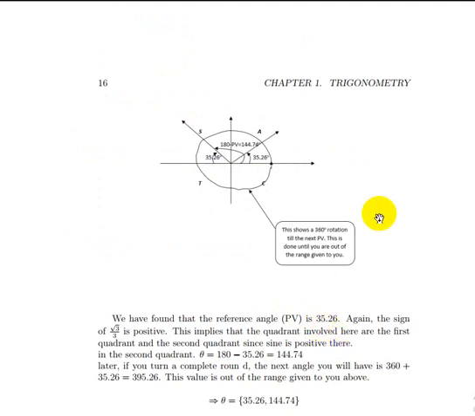Now, this is how to use the quadrant method. When you have your PV as 35.26 degrees, I'm going to draw an arrow from the center to this point. So from the positive x-axis to up here is going to be 35.26 degrees.